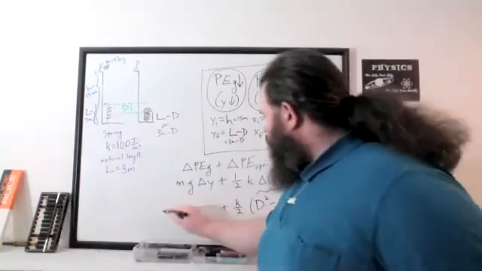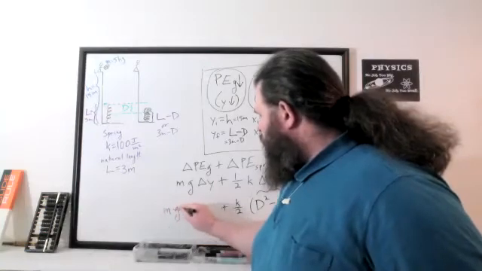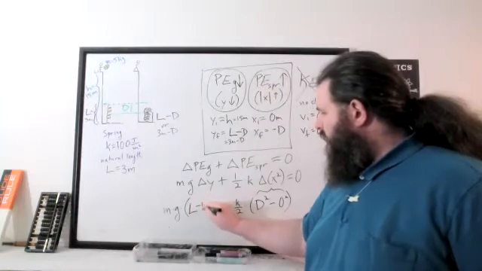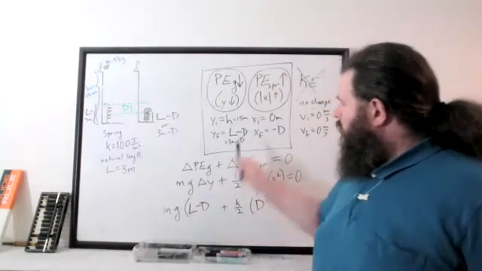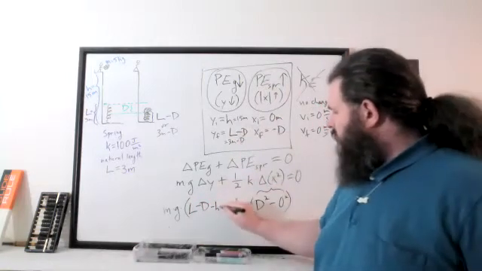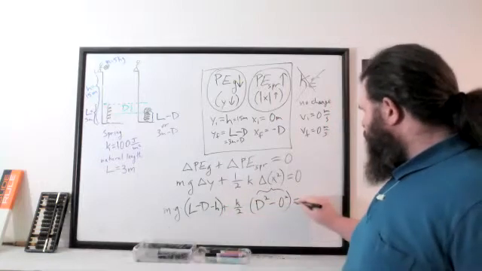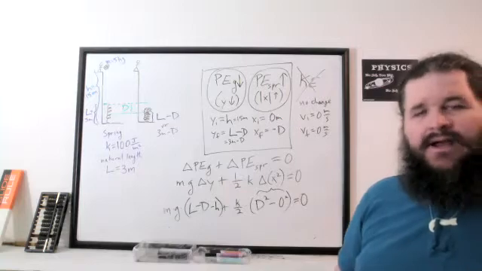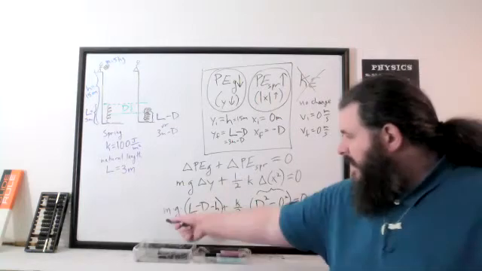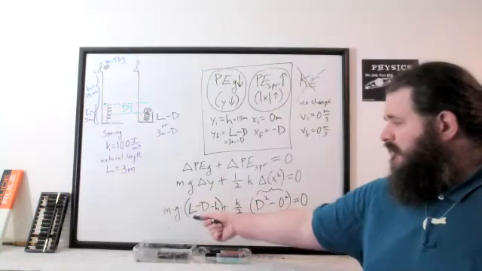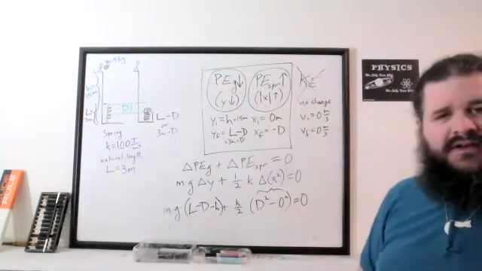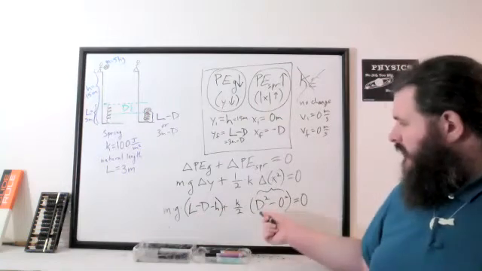So if we fill those in, final minus initial would be L minus D minus initial H. So now we have the whole thing written out in terms of a bunch of values we know: the mass, gravity, the natural length of the spring, the starting height of the rock, and the spring constant, and one unknown, this unknown value d.